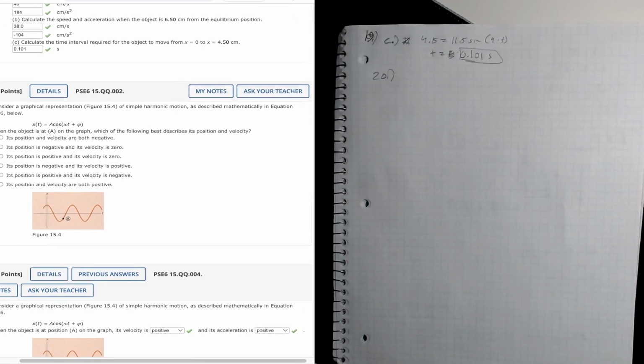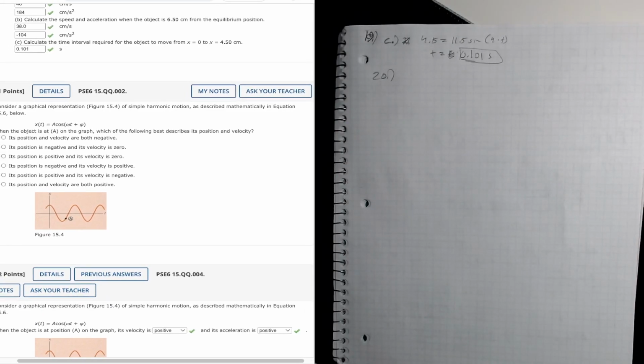Consider a graphical representation of simple harmonic motion as described mathematically in equation 15.6. When the object is at A on the graph, which of the following best describes position and velocity? Position and velocity are both negative, no. Position is negative and its velocity is 0.